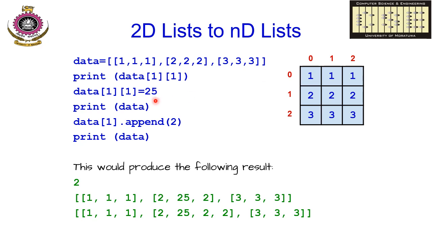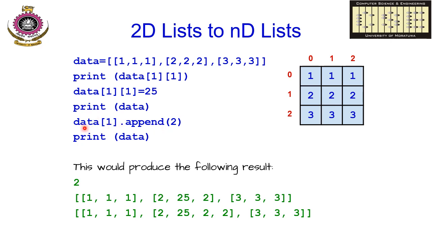Update operations can also be performed. In the first print statement you print the value, but you can also update the values inside this two-dimensional list. Then when you print, this will be the expected output. First it will print data 1 1, and then it will update the value of data 1 1. Initially it was 2, now it will be updated to 25. Appending is also possible.